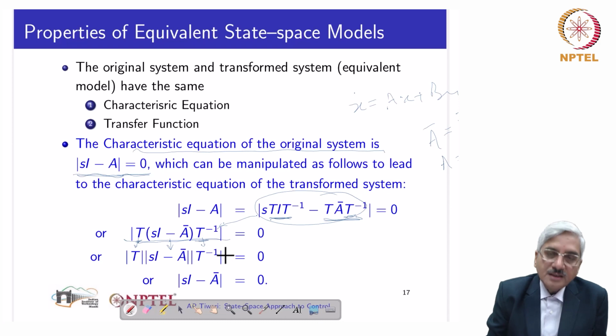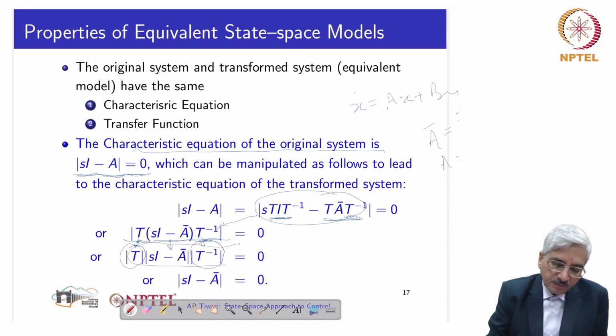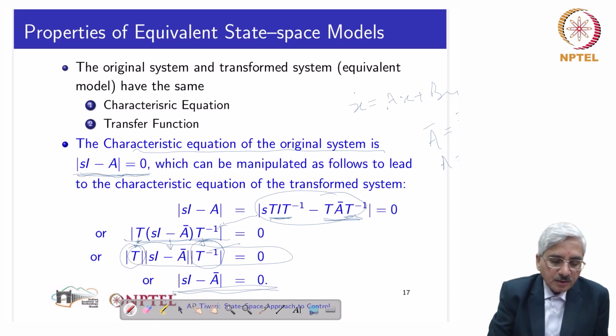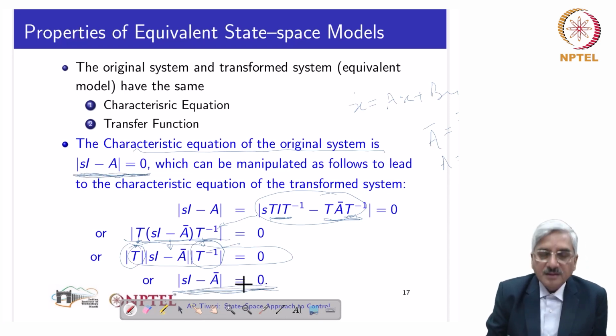Because determinants are scalar quantities, the determinant of T and the determinant of T inverse multiply to give unity, and so we are left with determinant of sI minus A bar equal to 0. So the characteristic equation determinant of sI minus A equal to 0 leads us to determinant of sI minus A bar equal to 0, the characteristic equation of the transformed system.